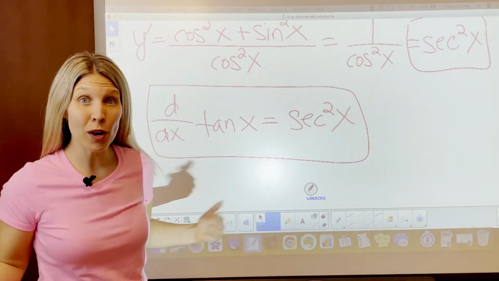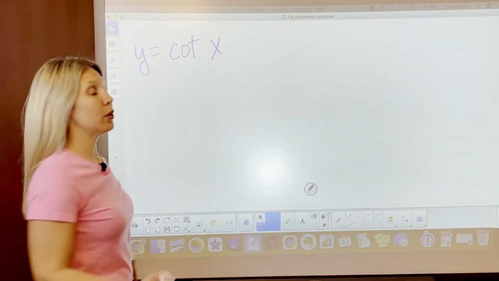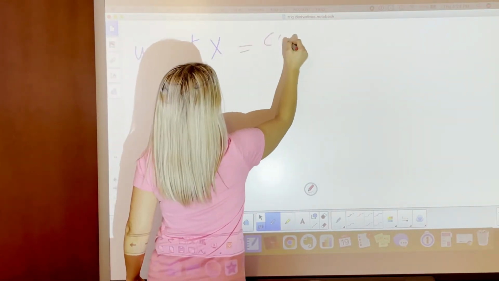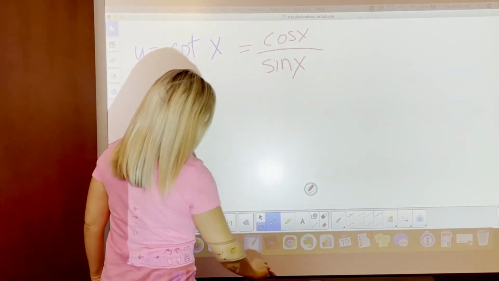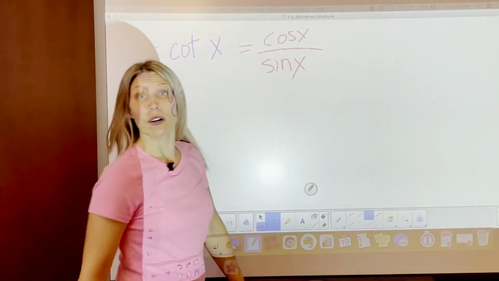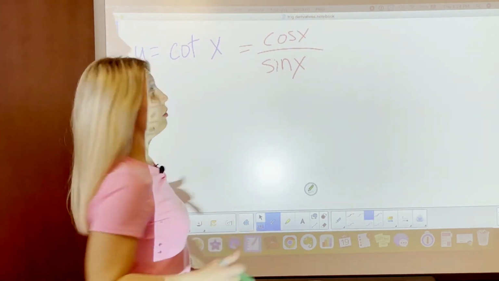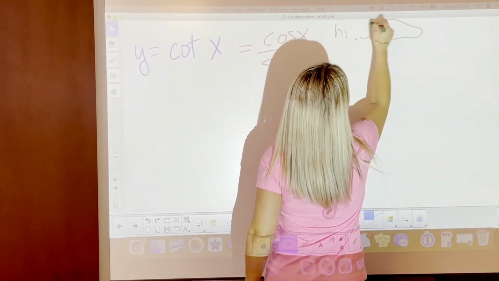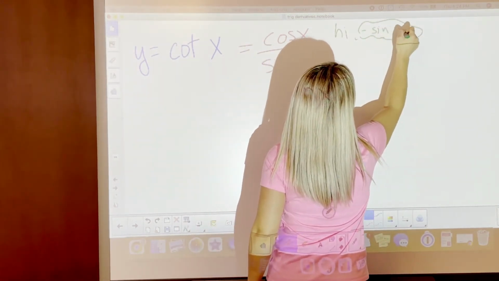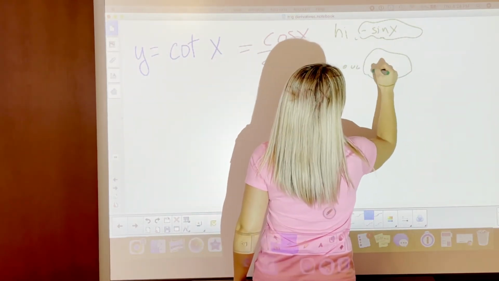Now we got to do the next one. Cotangent. So hopefully you remember that cotangent equals cosine x over sine x. Right? And we got to do low d high minus high d low all over again. So this is my high piece, right? And its derivative is negative sine x. Here's my low piece, and its derivative is cosine x.